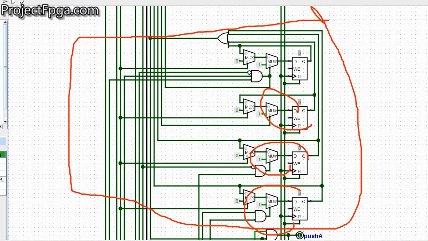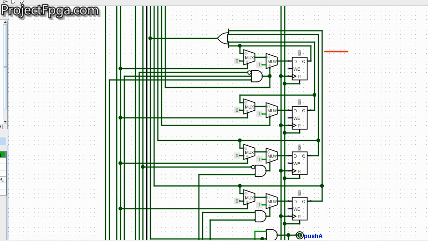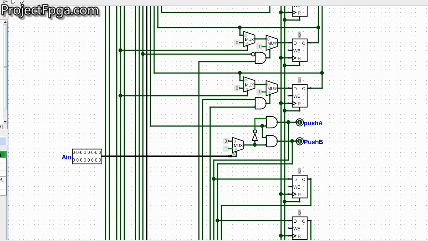But when you go through the code, I named them push 0, push 1, push 2, and push 3. So they represent these 4 conditions. This flip-flop stores the 4 of them, depending on whenever they are on.